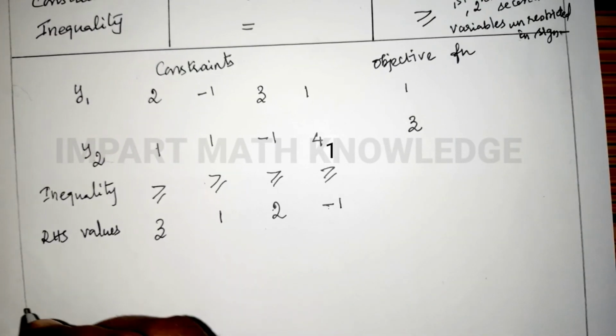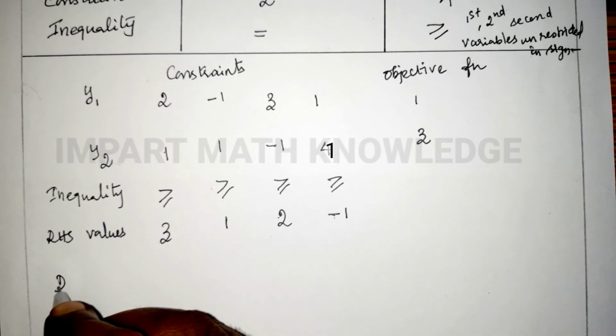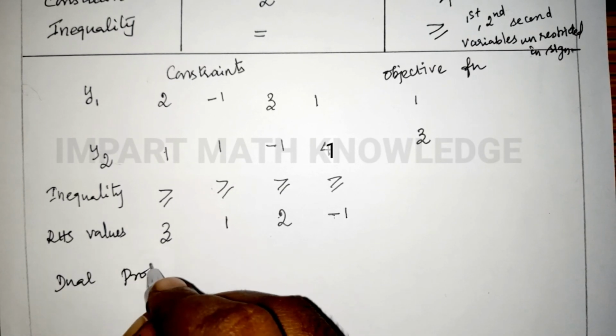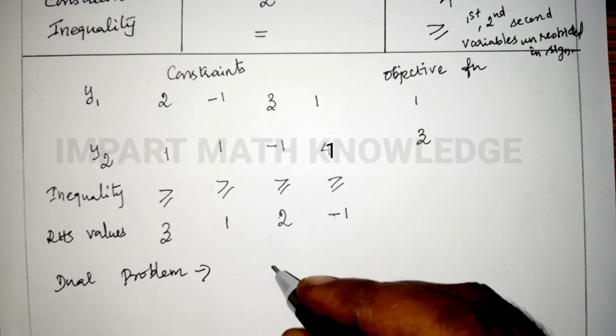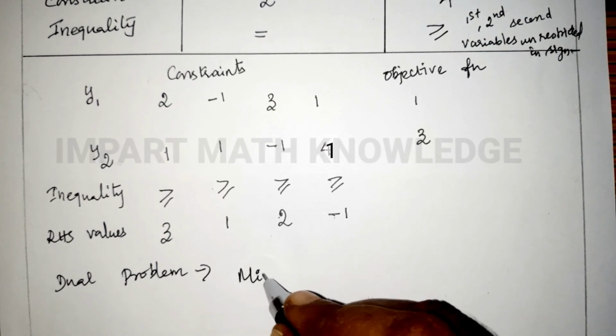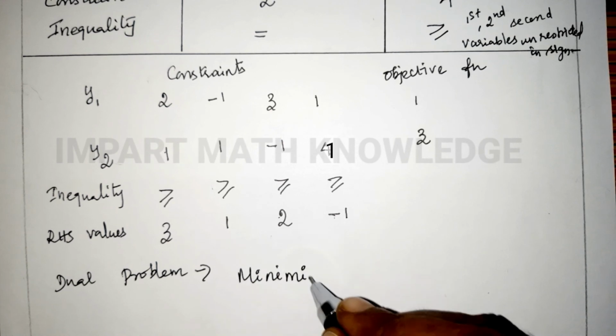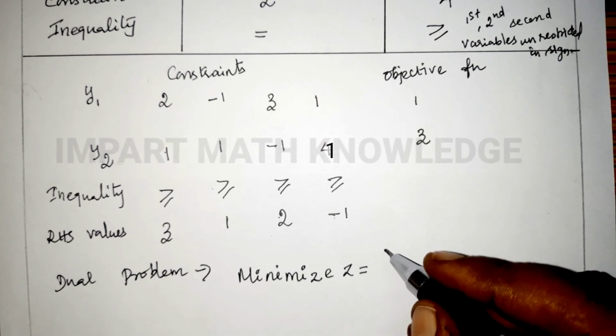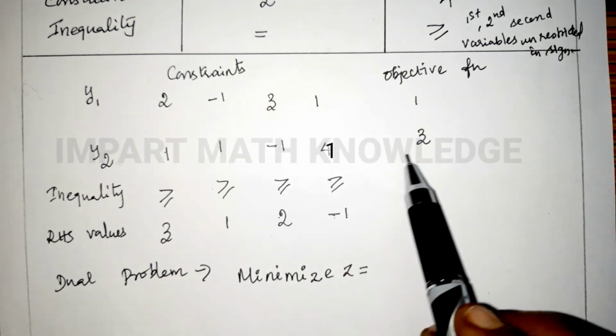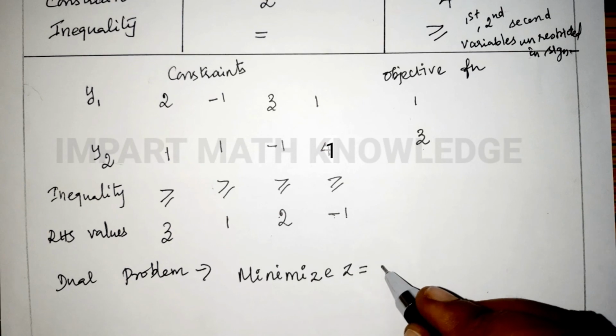The dual problem is minimize z. Minimize z is equal to 1y1 plus 3y2.